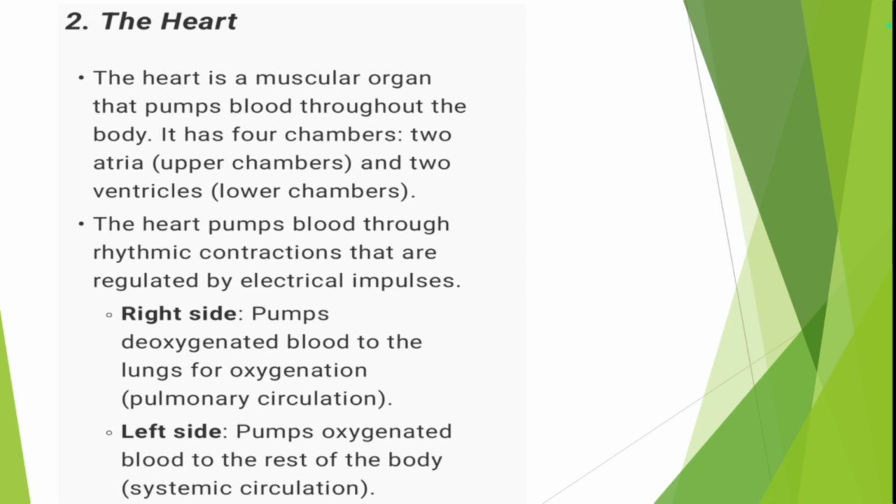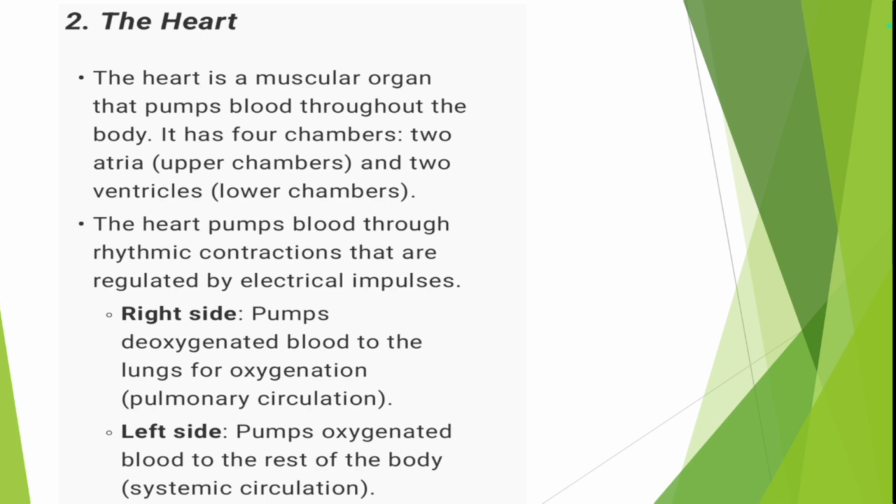Now, what causes the heart to contract and rhythmically relax? There are pacemaker cells which are present in the heart. Okay, what is the function of these pacemaker cells? These pacemaker cells can create an electric pulse, which causes the heart to contract and relax rhythmically.